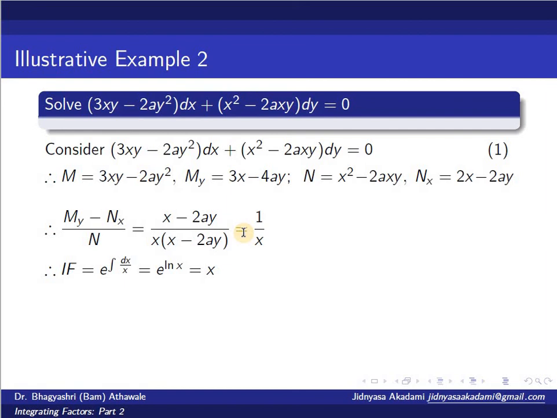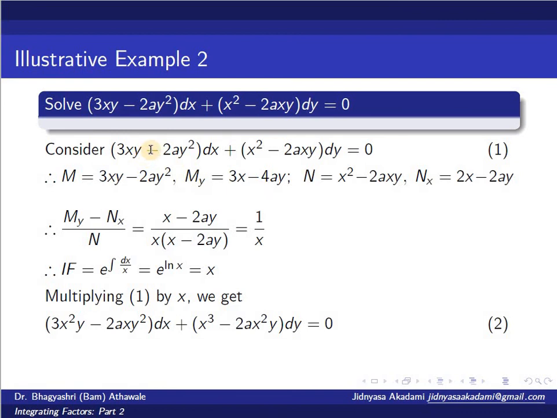is our integrating factor. So multiplying by x, we get the differential equation as (3x square y minus 2axy square) dx plus (x cube minus 2ax square y) dy equal to 0. Again, as I said earlier, check whether differential equation 2 is exact or not. What is the partial derivative of this term with respect to y?